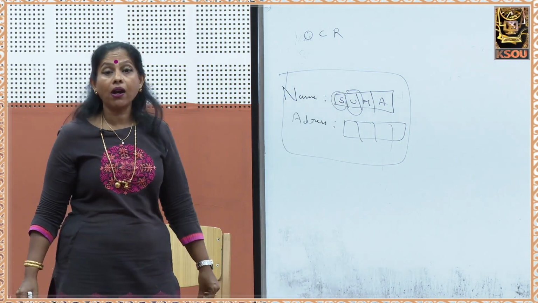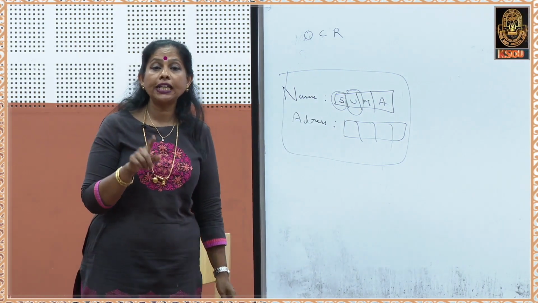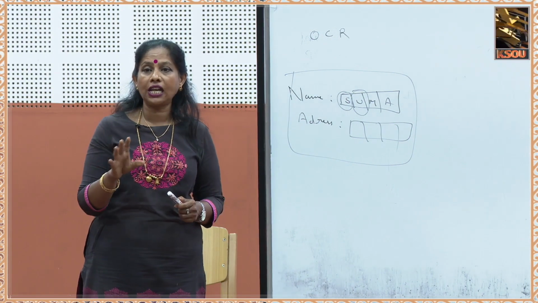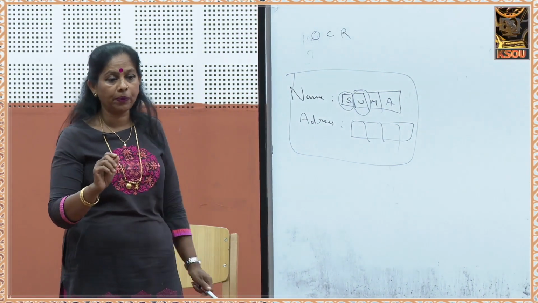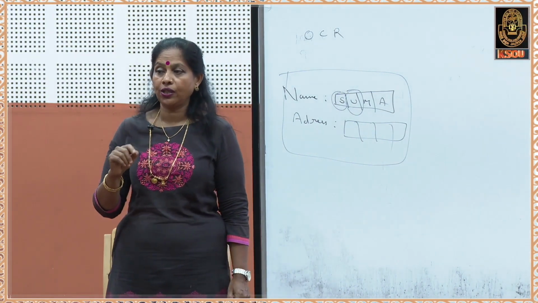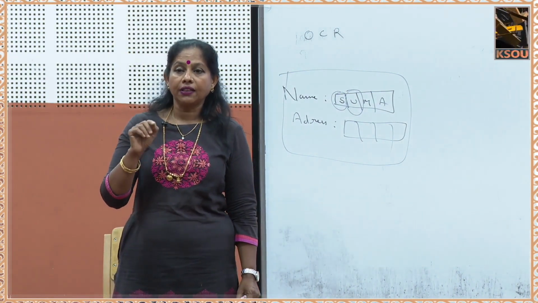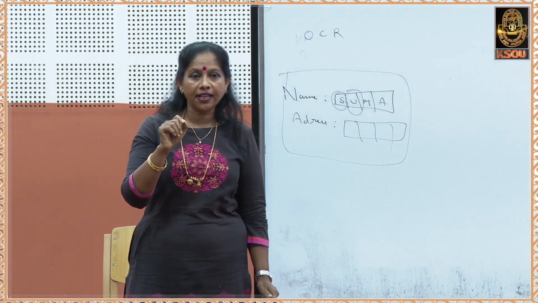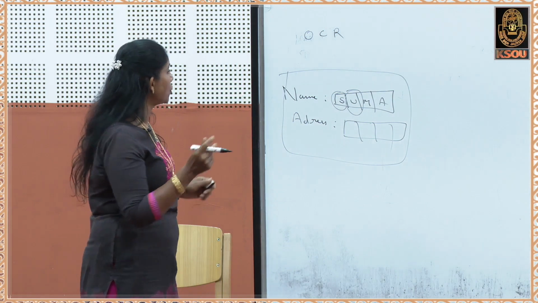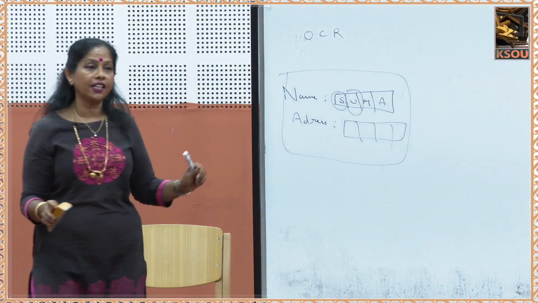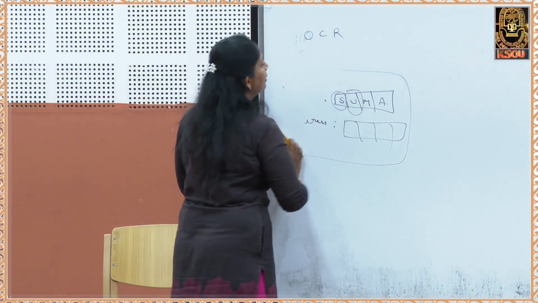What is OMR? Optical mark reader or recognition. You all have applied for banking. You will be given an OMR sheet to darken the correct answer circle. You will have a choice like this. A, B, C, D. 4 choices will be given.